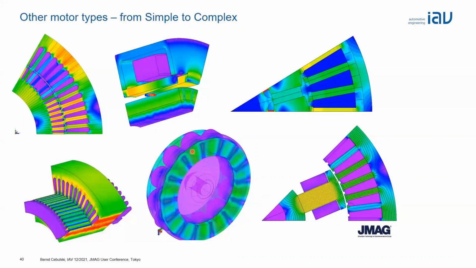We have the axial flux machine, which is quite difficult to calculate since you mostly need 3D calculation. And of course, there are many actuators and more stuff that you need to do. So JMAG is capable of handling all these problems. It's only the automation that is somehow different. So for a new topology, you always have to establish a new tool chain, and to be fast enough. Calculation, especially in 3D, can be quite time consuming.